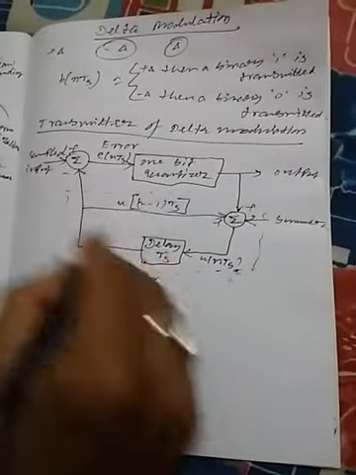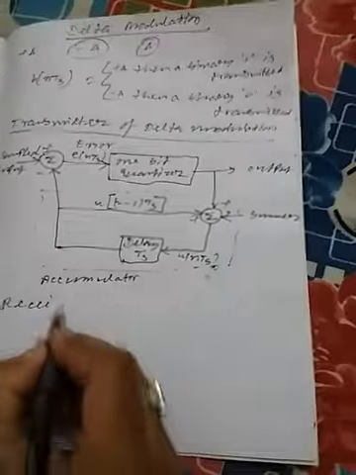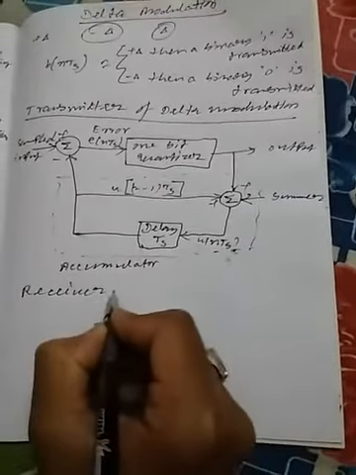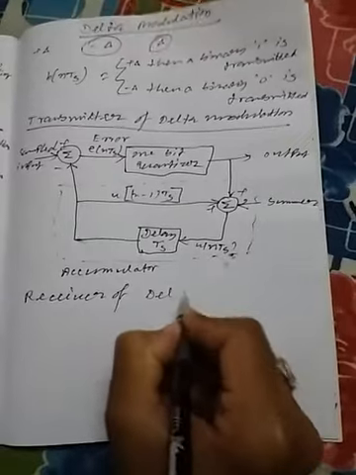So this is basically the transmitter part. Now the receiver of delta modulation.